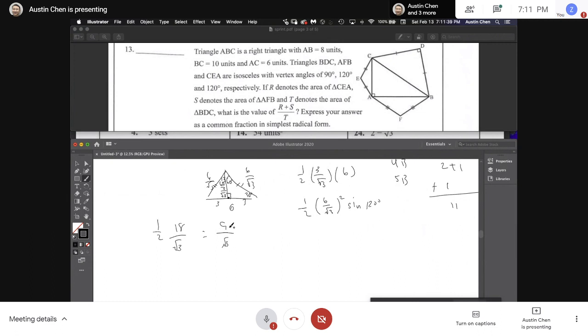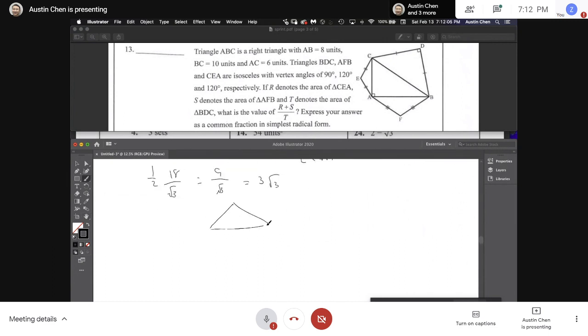So like right now, you could just leave this as 9 over root 3, or you can rationalize it if you want to. If you rationalize it, you're going to get 3 times root 3. But you can just keep it as 9 over root 3 if you want to. It doesn't really matter. Okay, we want to do the same process to the other 2 triangles.